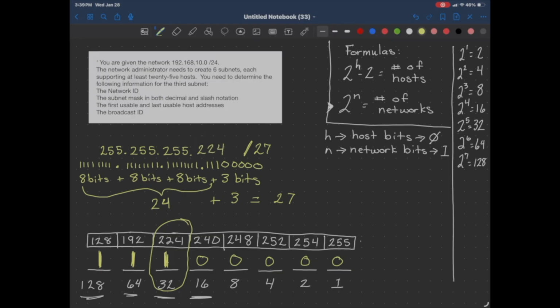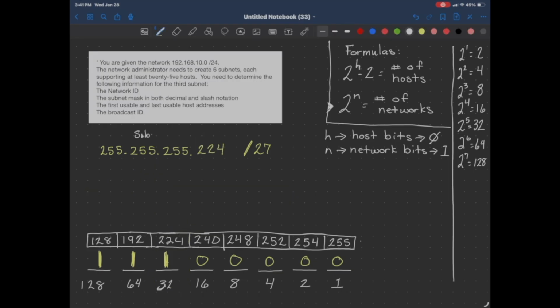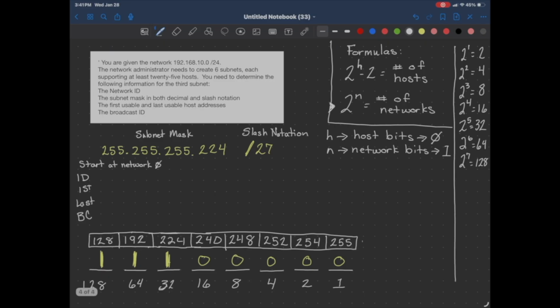Okay, now let's list the subnet network IDs. We can do this with a block size. I like this way the best. We always start here at network 0, so we'll start at 192.168.10.0. To figure out block size, we look again at our subnet mask, and the interesting octet is the one that we're modifying.